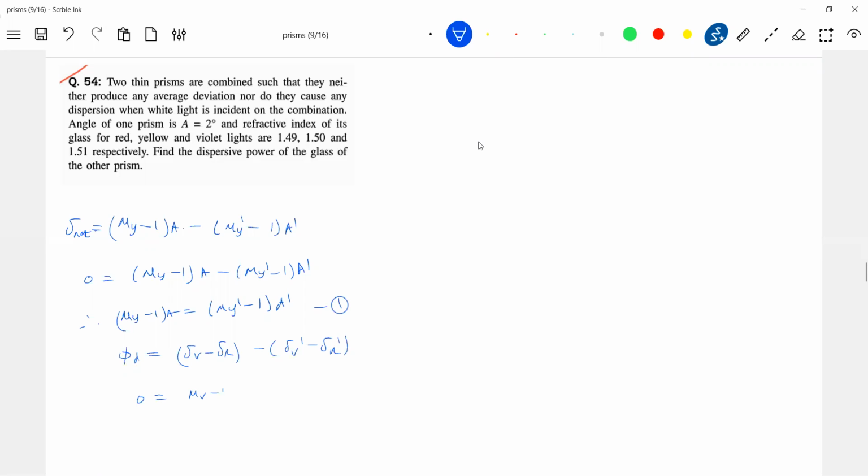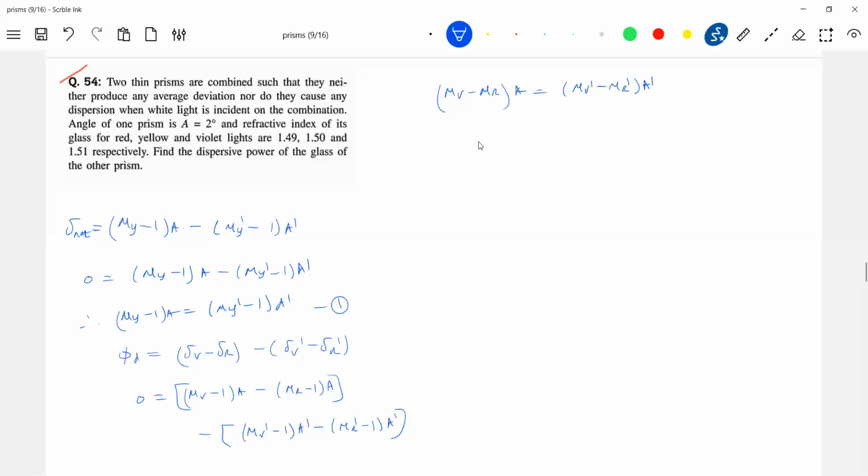Mu v minus 1 into A. So I'll end up with the equation mu v minus mu r into A equal to mu v dash minus mu r dash into A dash.